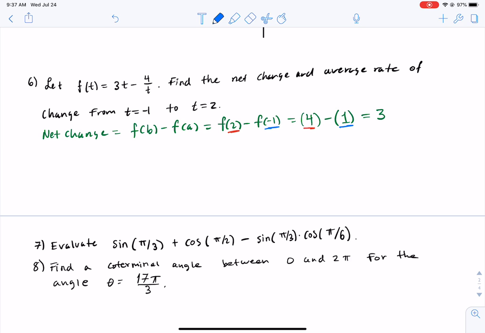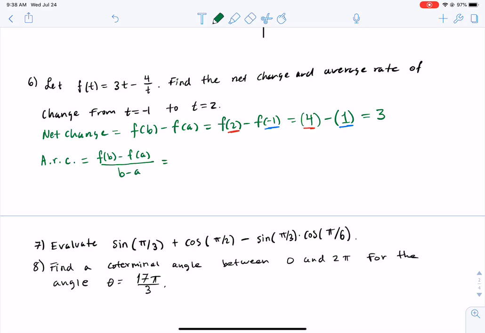And what about the second part? The average rate of change. We abbreviated that as ARC for average rate of change. And this will be f of b minus f of a, over b minus a.